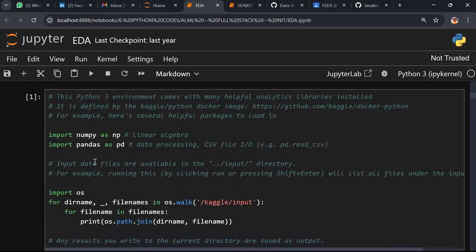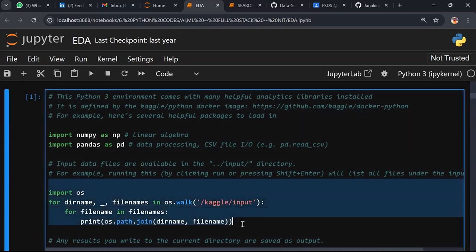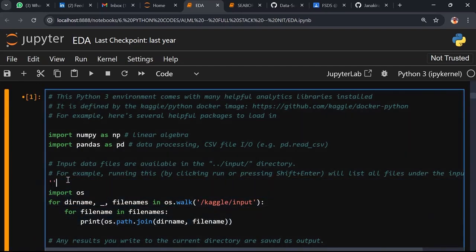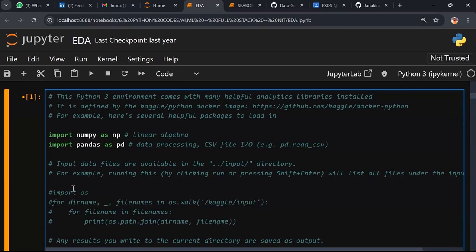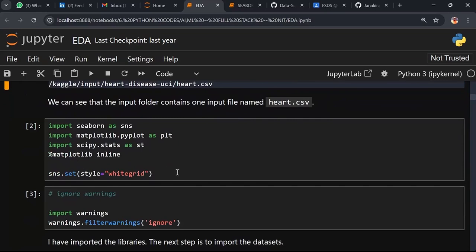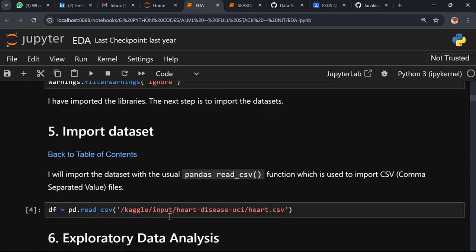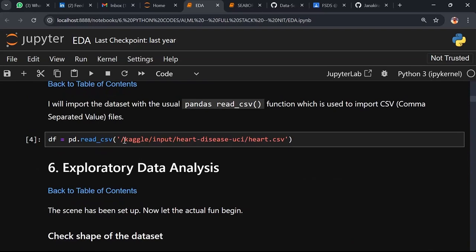Import libraries. You know how to import libraries, guys? Import NumPy. This you don't use, so I will hash it out; just go and hash it, not required. Import pandas, seaborn, and warnings to ignore, and then you import the dataset.